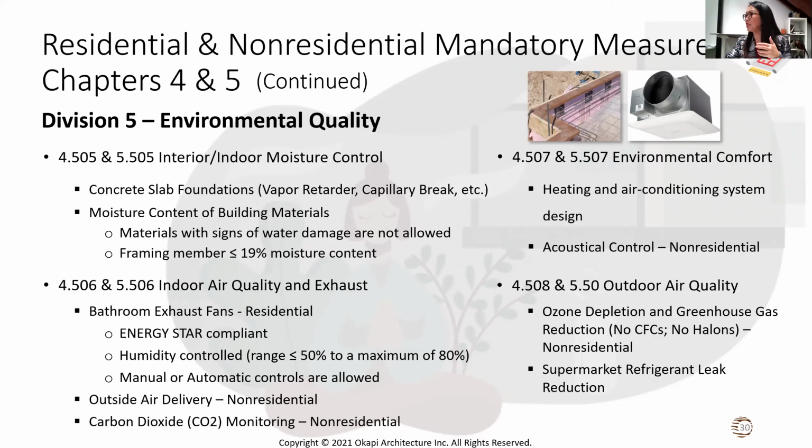That's becoming more important for us to look at than the energy efficiencies. We need to look at the air quality as well. So outdoor air quality is another major issue coming up.